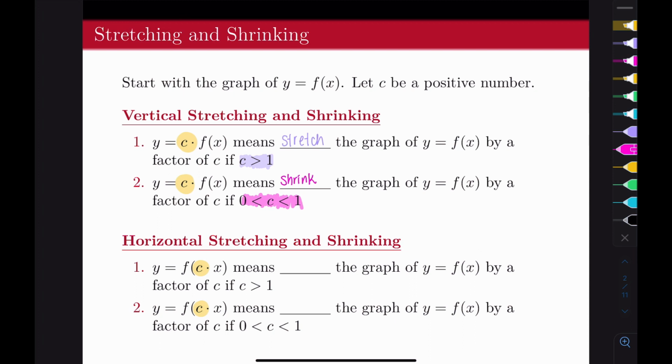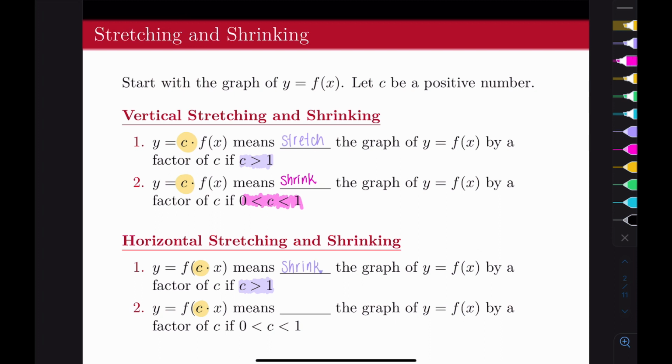When it's on the inside, it's going to have the opposite meaning. So you would think if I had 3x inside of my graph, that would stretch it in the x direction, but it does the exact opposite. It's actually going to shrink it horizontally.